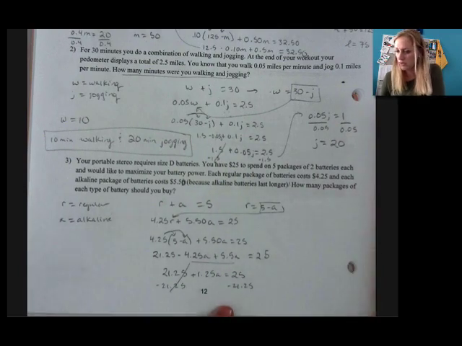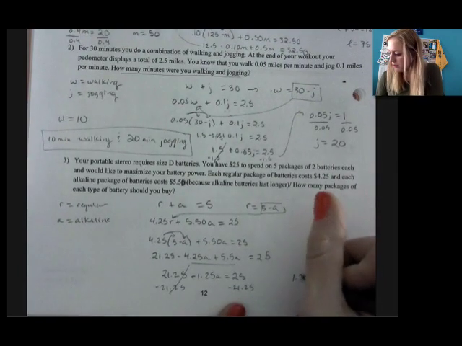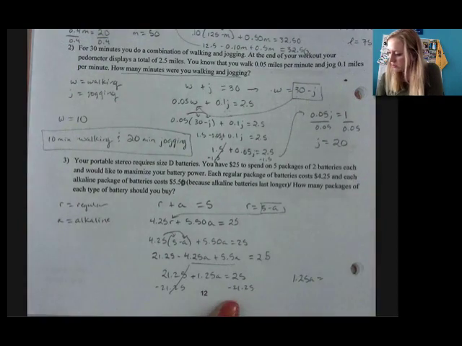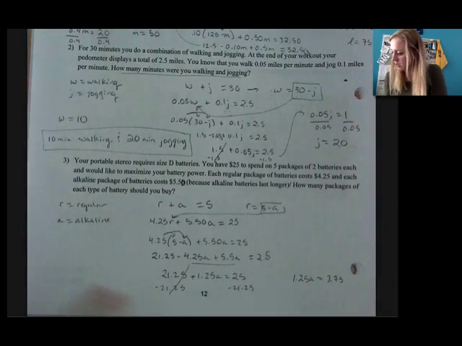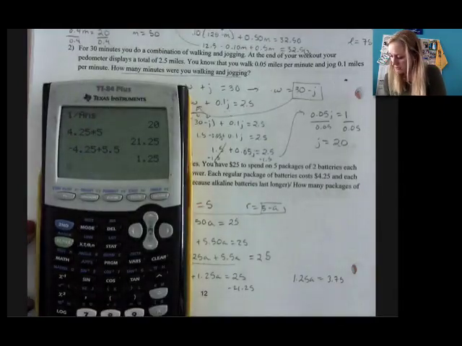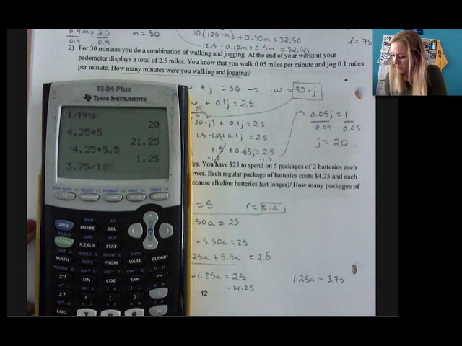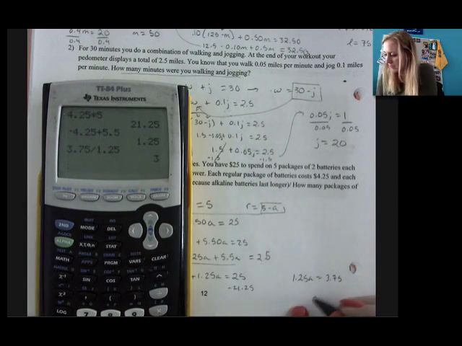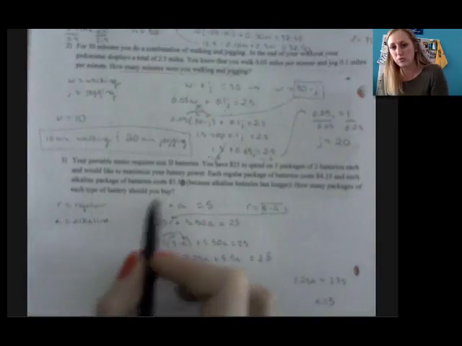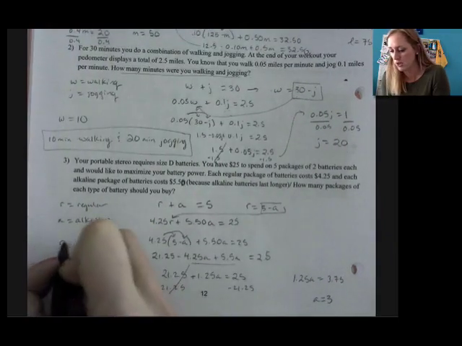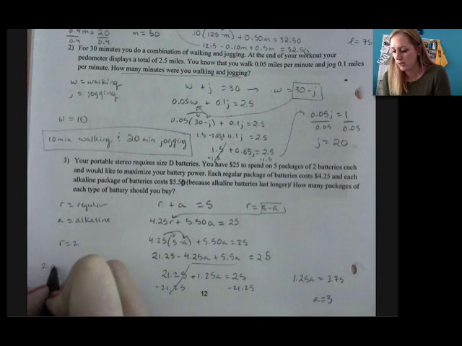So we are left with 1.25A equals 3.75. And I think that does work out well, so that means I picked the right number. 3.75 divided by 1.25 is 3. So if they bought 3 packages of alkaline, that means they bought 2 packages of regular. So 2 regular and 3 alkaline.